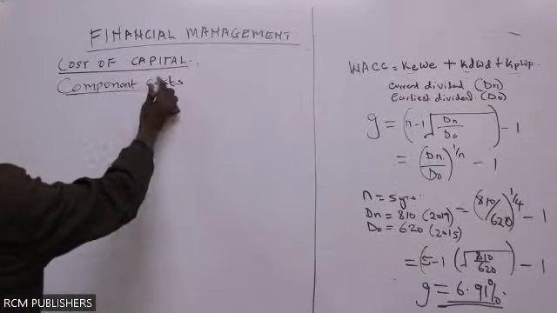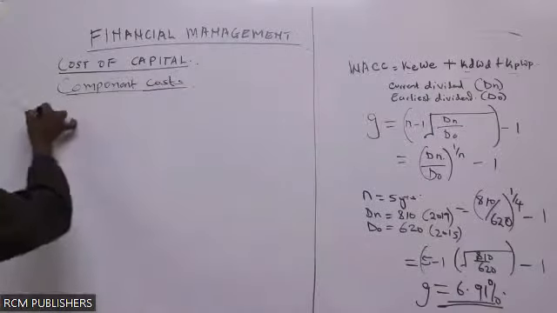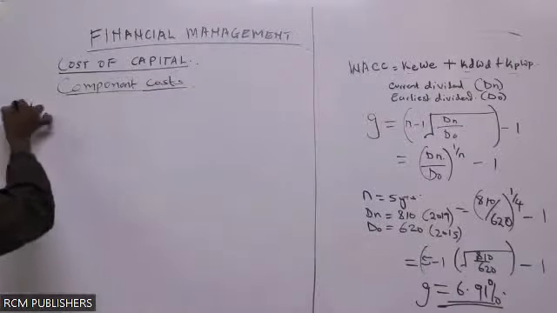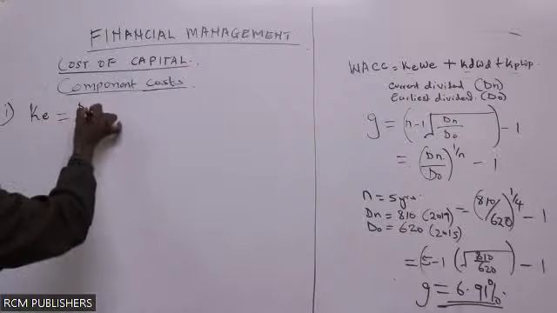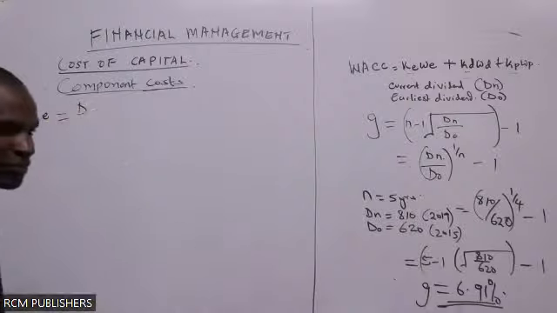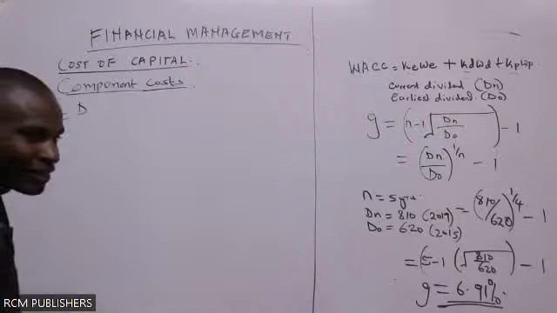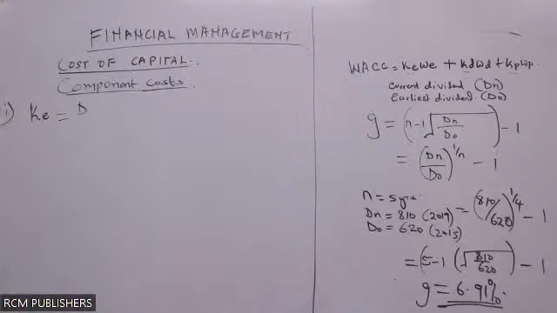I know my component cost of KE, say 1, is equal to DO. Give me this formula of getting the component cost.